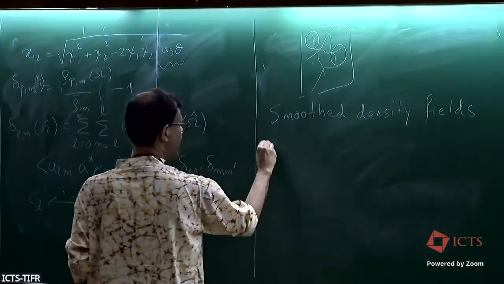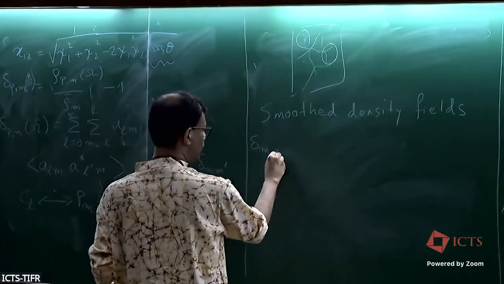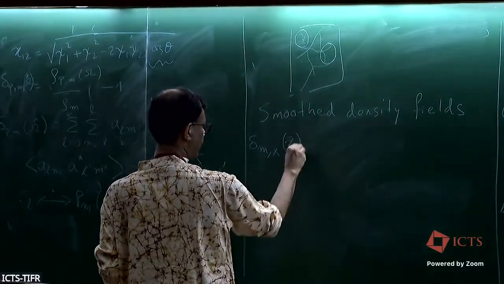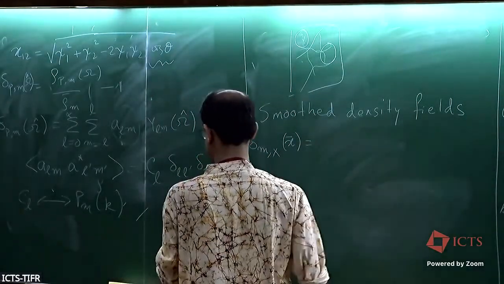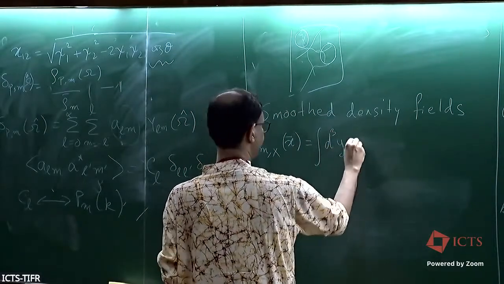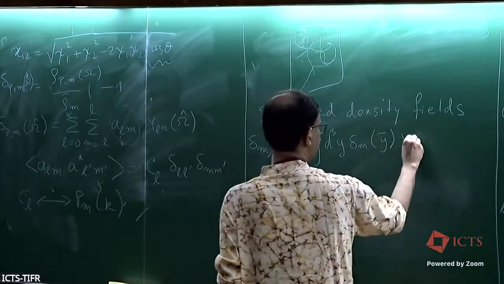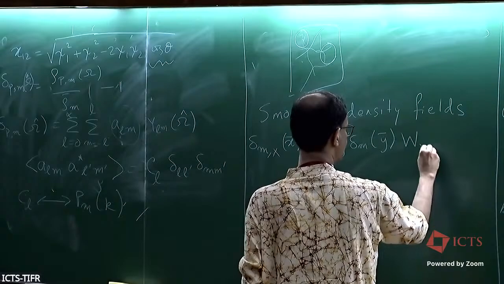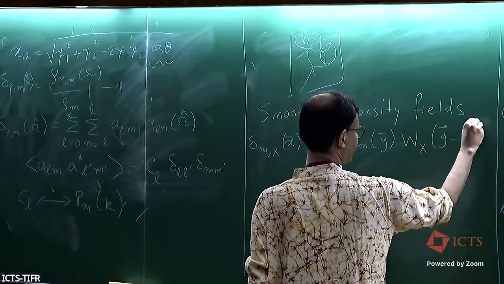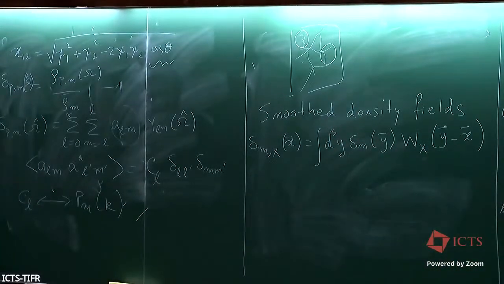So the basic idea is I take a density contrast and smooth it over some radius capital X at a point centered around some point x. That is nothing but the integral d^3y of delta_m(y) times some window function which I will use, which has this characteristic size X, and I will do this convolution.